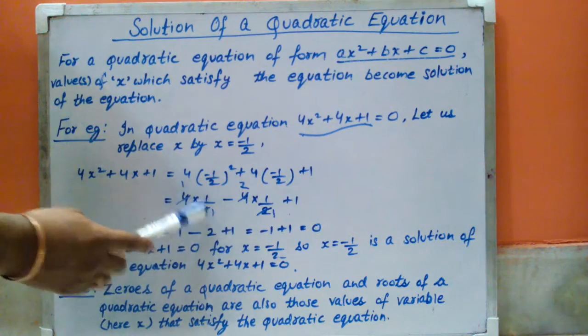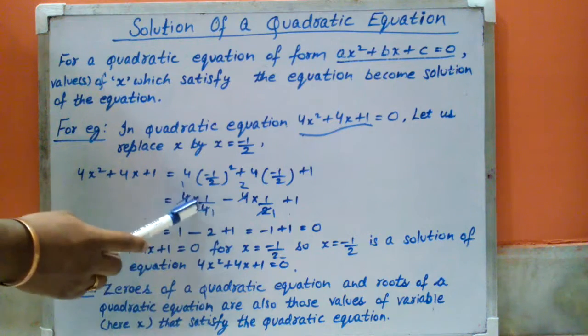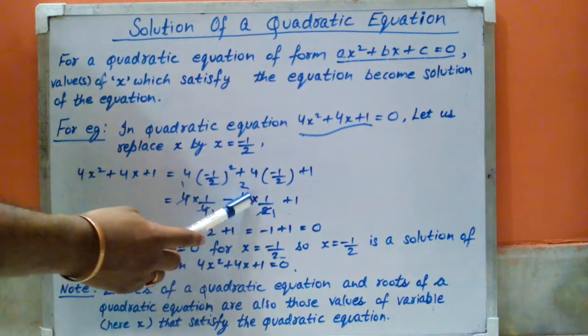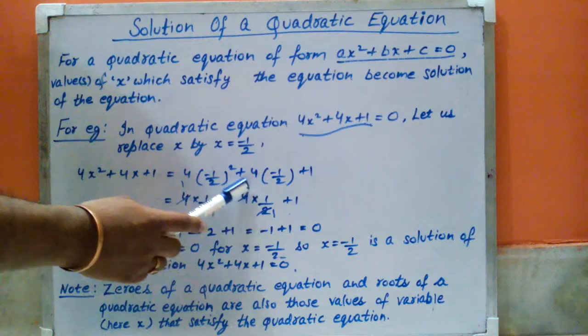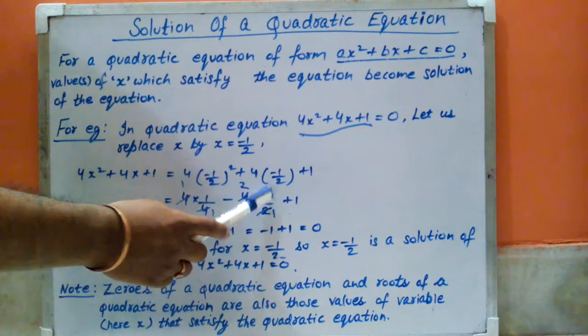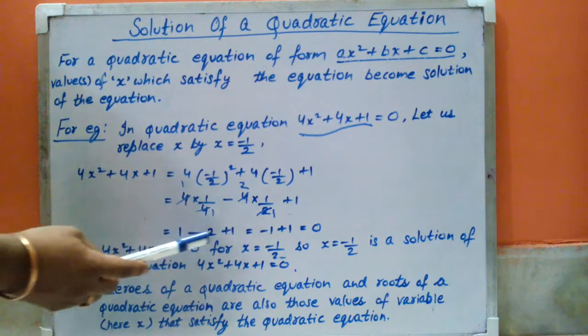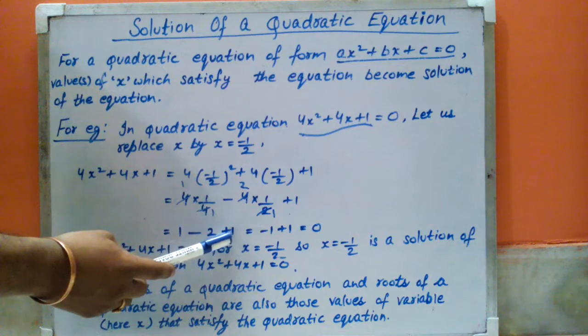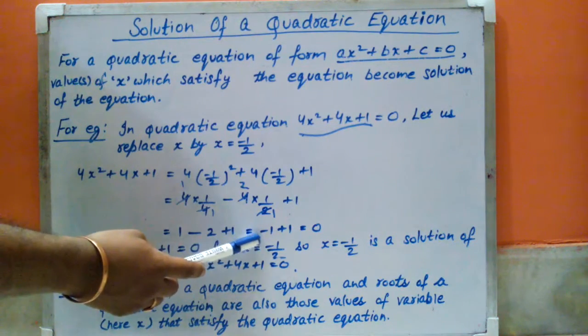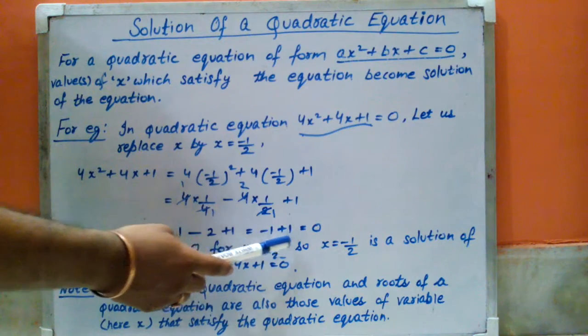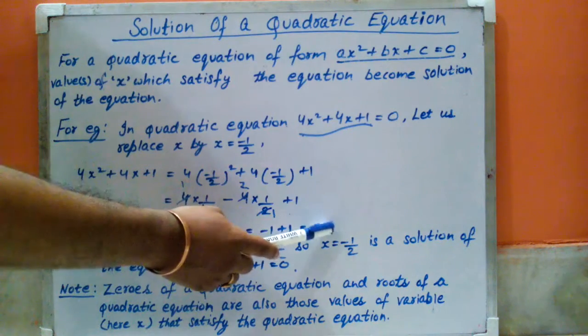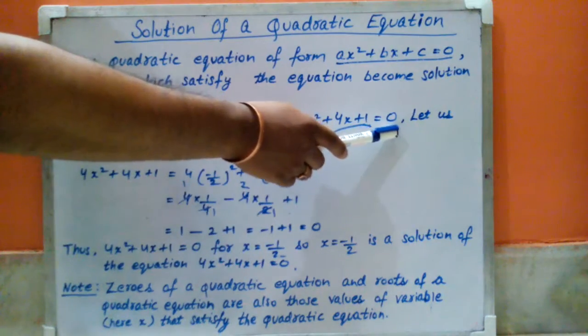But 4 and 4 will get cancelled out and we will get 1 multiply 1 here. And here 4 and 2 will get cancelled out and we will get 2 multiply 1. So in the next step we have 1 minus 2 plus 1, which on calculating we get minus 1 plus 1. Minus 1 plus 1 is equal to 0, which is the value of right hand side.